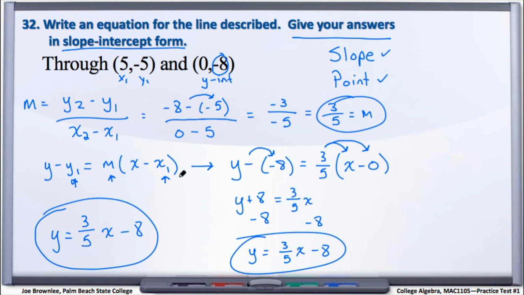Now, we could have gone through the point-slope form using this point, (5, -5), and we would have wound up at the same answer. I'm not going to go through the whole process, but your equation would have looked like y minus y1, so negative 5, equals m, again, 3 over 5, times quantity x minus x1, and you would have worked this out, and you would have eventually wound up at y equals 3 over 5x minus 8.